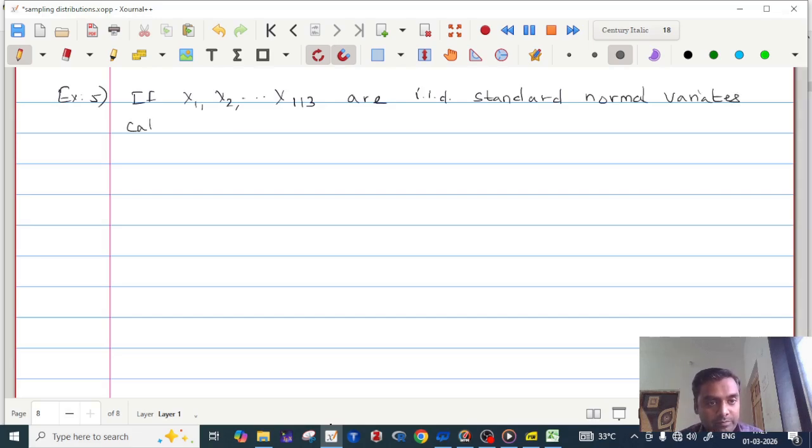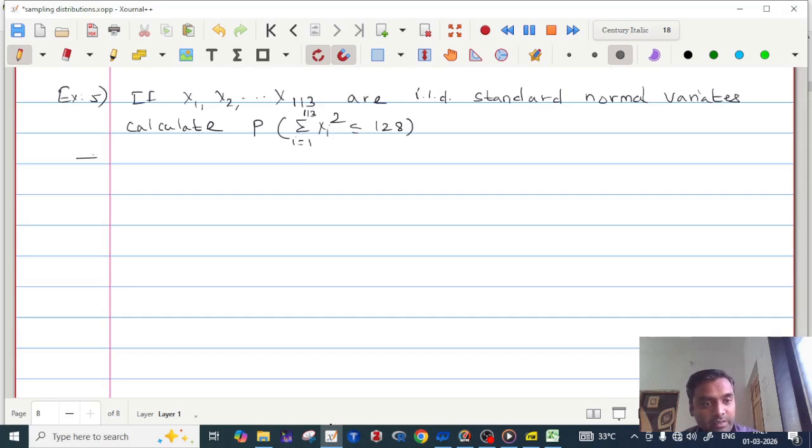calculate the probability of summation Xi square, i equals 1 to 113, less than or equal to 128.